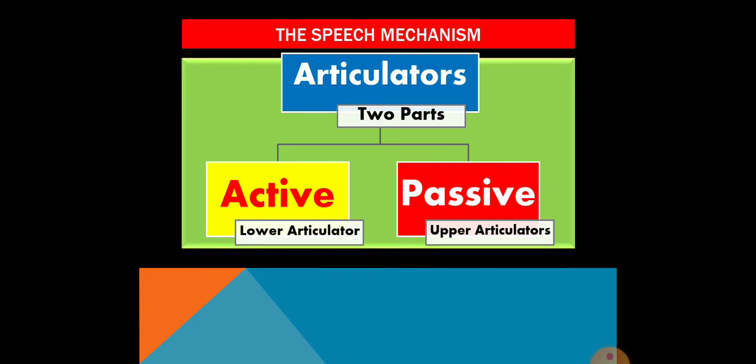Now we come to the last part of this video, that is articulators. In the speech mechanism, the organs involved in the production of speech sounds are known as the articulators.